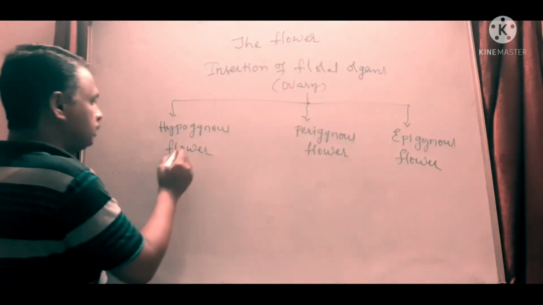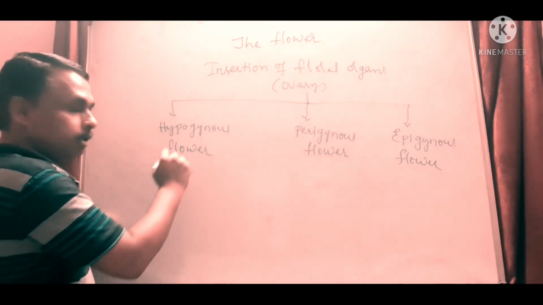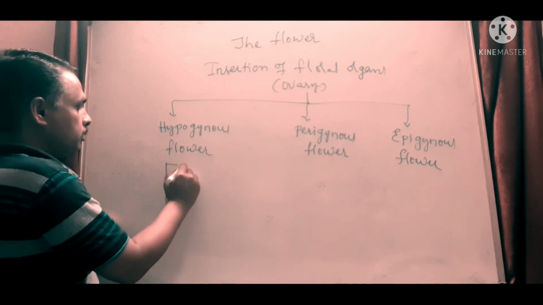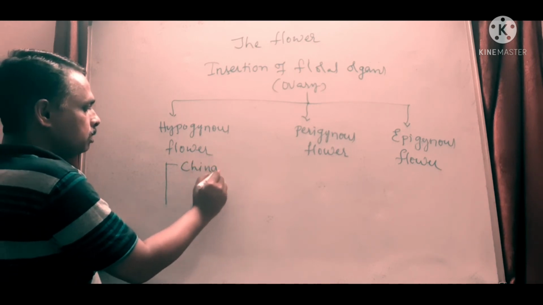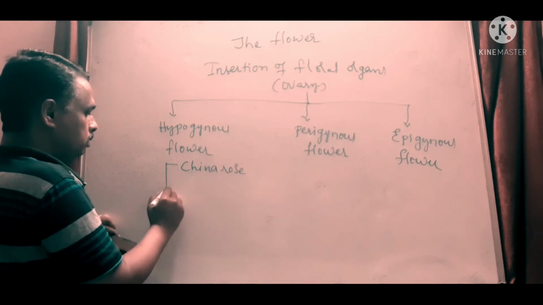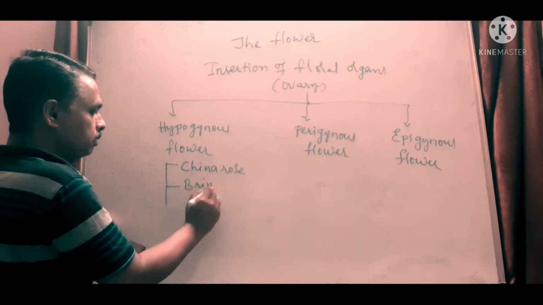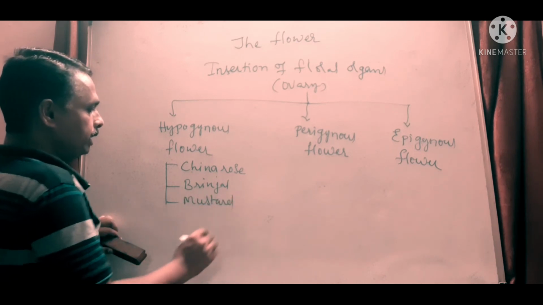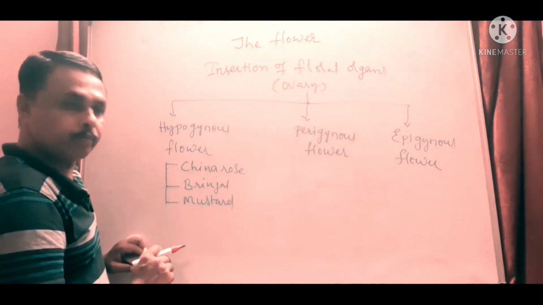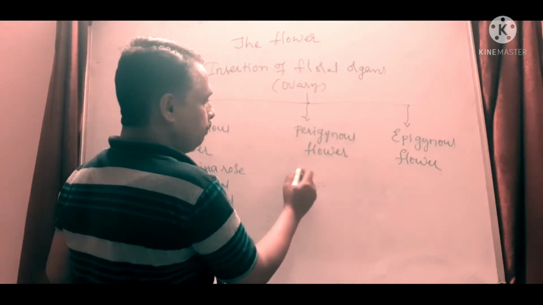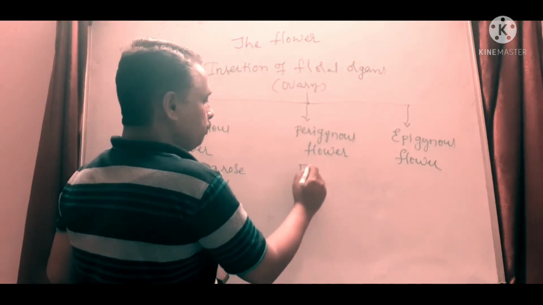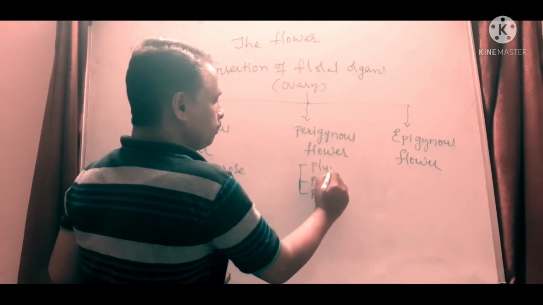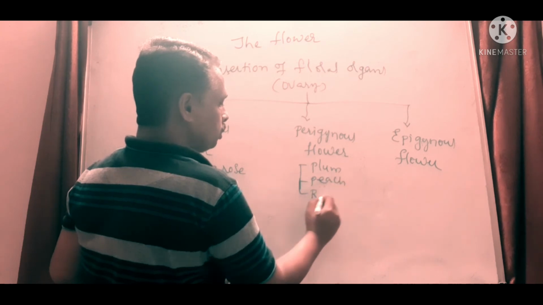Examples for hypogynous: China rose, brinjal, mustard. Perigynous flowers: plum, peach, rose.